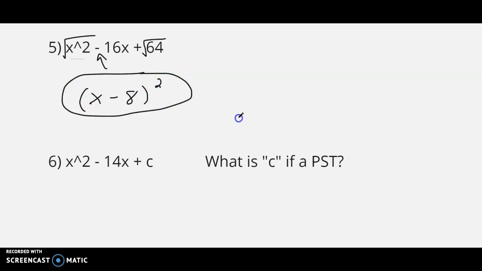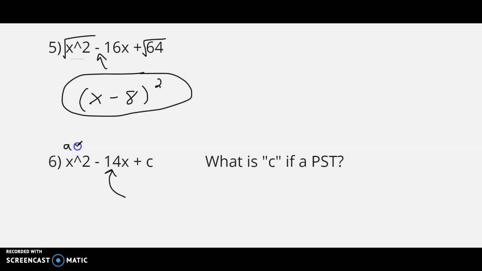And then number 6, we're trying to figure out what is c if this is a perfect square trinomial. For c to work, it needs to be a square, and the way you find it is you look at this middle term, kind of like the b term of a regular quadratic trinomial.